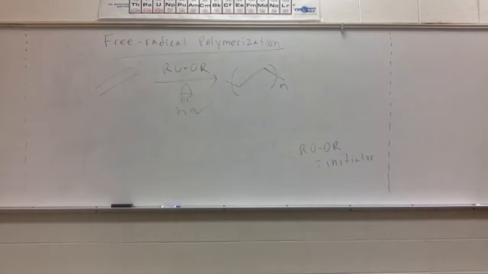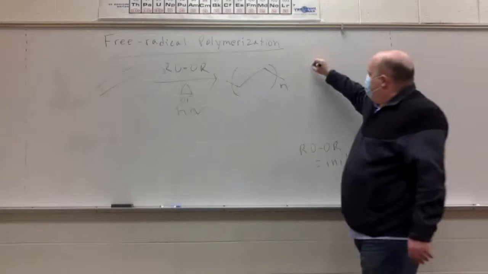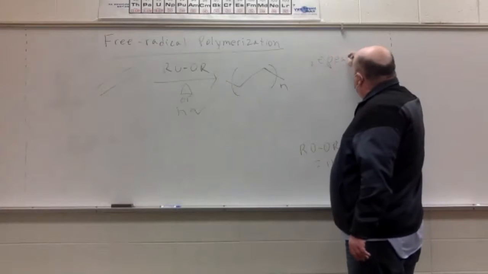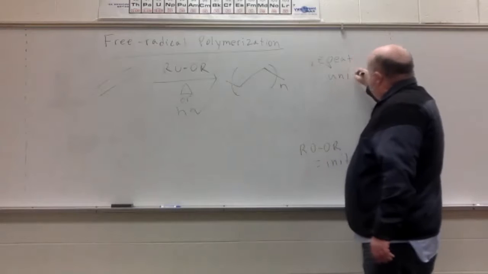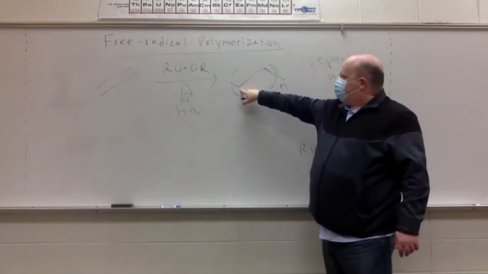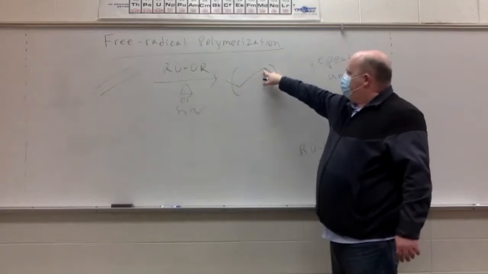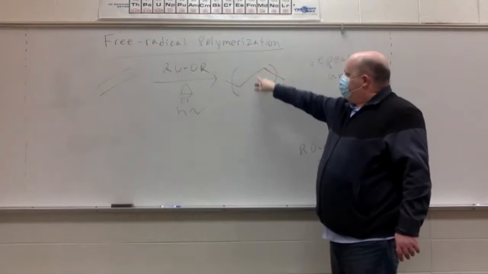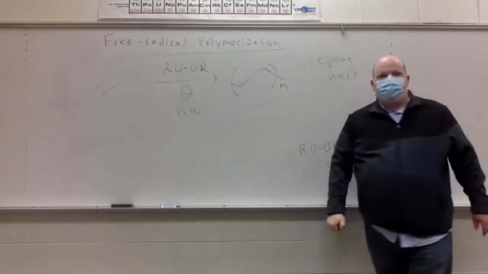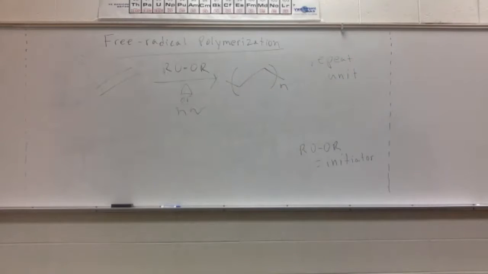That would be insane. So what we do is we write something called a repeat unit. Basically, this means you have this CH2 bonded to another CH2, and this little unit repeats n times. So that n could be 1,000, it could be 10,000, it could be 100,000, just depending on how long we made the chains. Okay.